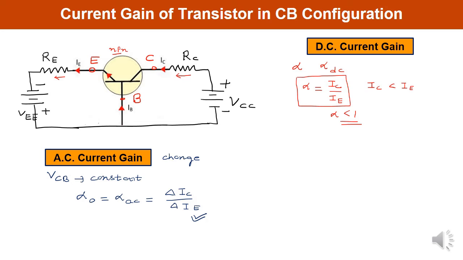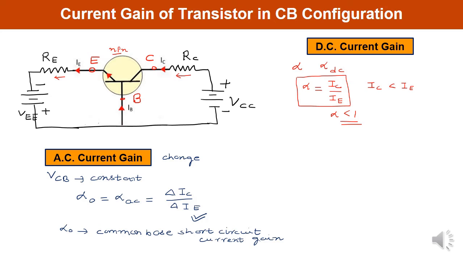This term alpha naught is also known as the common base short circuit current gain. You must write it down.